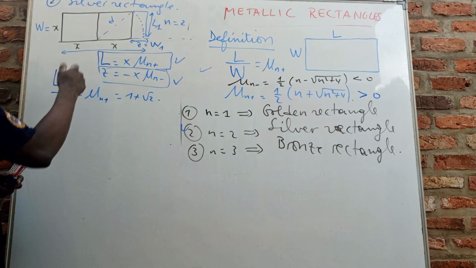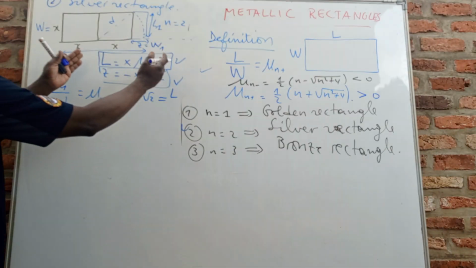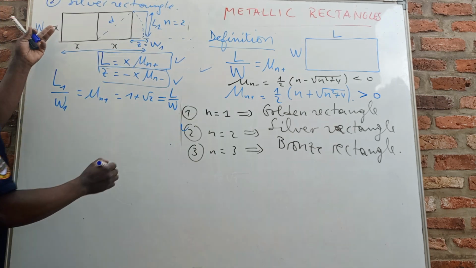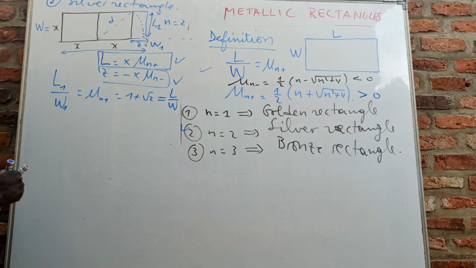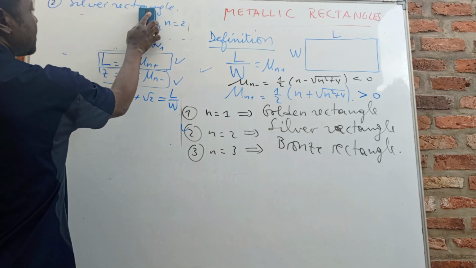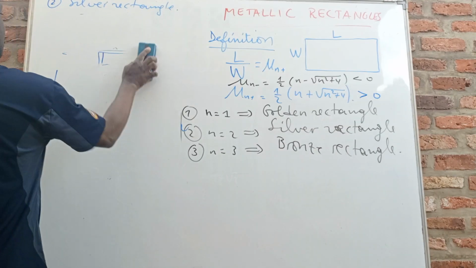Which is exactly equal to L, this length, over x. Similarly, with n equal to 3, we get the same result.